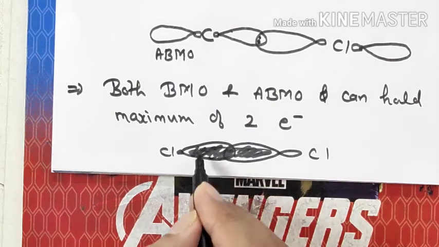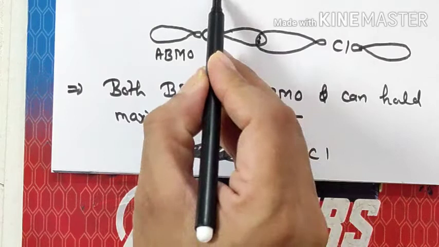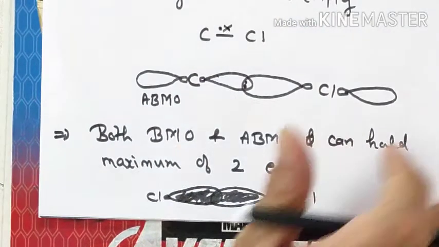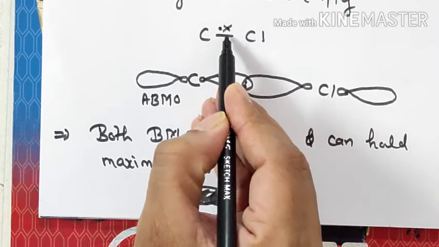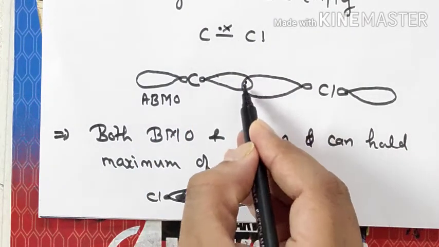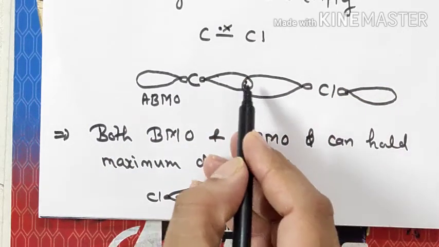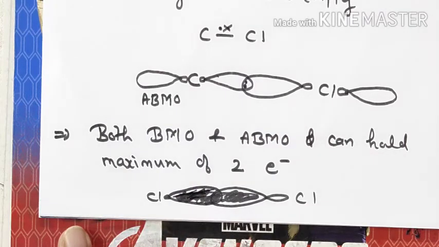Actually carbon gives one electron and chlorine gives one electron, right? To form a bond, carbon will give one electron and chlorine will give one electron, so I will say there is a presence of two electrons. But if I assume they are in the form of waves, these electrons will be like this.